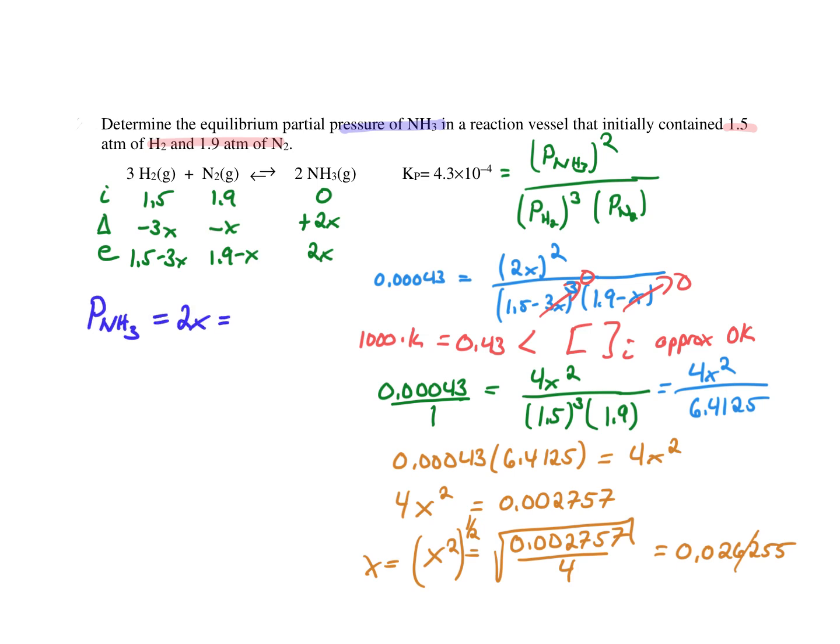It equals 2 times 0.026255. We see our pressure of NH3 at equilibrium equal to 0.052511, which with 2 sig figs is 0.053 atmospheres.